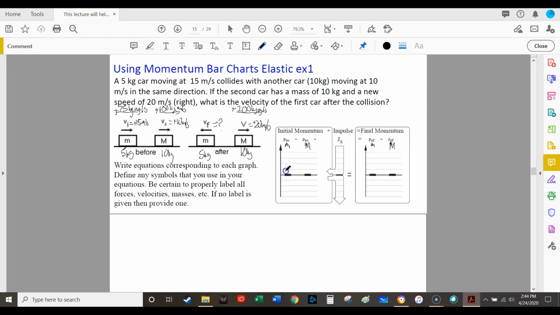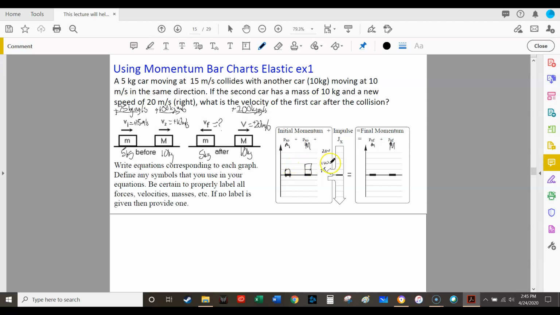Actually, let's say this is 1 block. Let's say this goes all the way to 200. So this is going to be 100, halfway part, and we'll say this is 75. So I'm trying to establish a scale here. And the big car had 100 kilogram meters per second to the right, so it had 2 blocks.